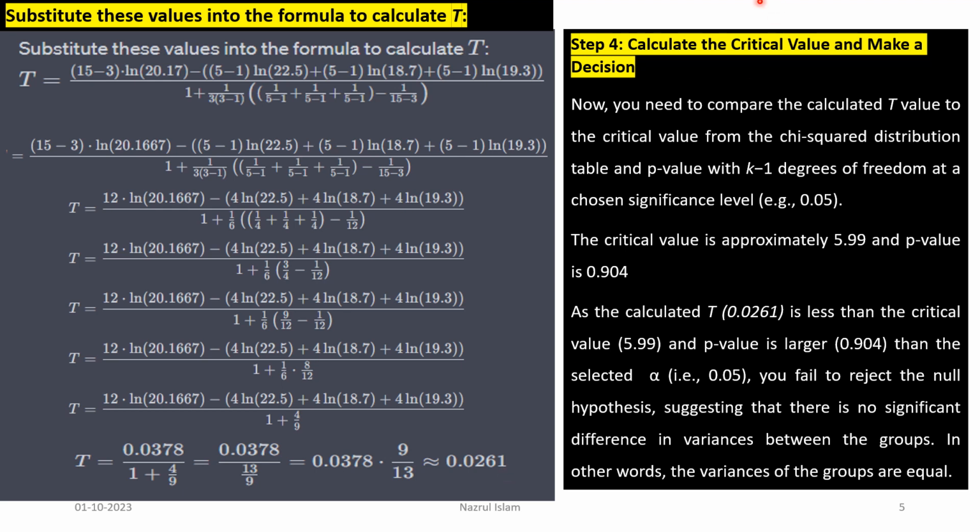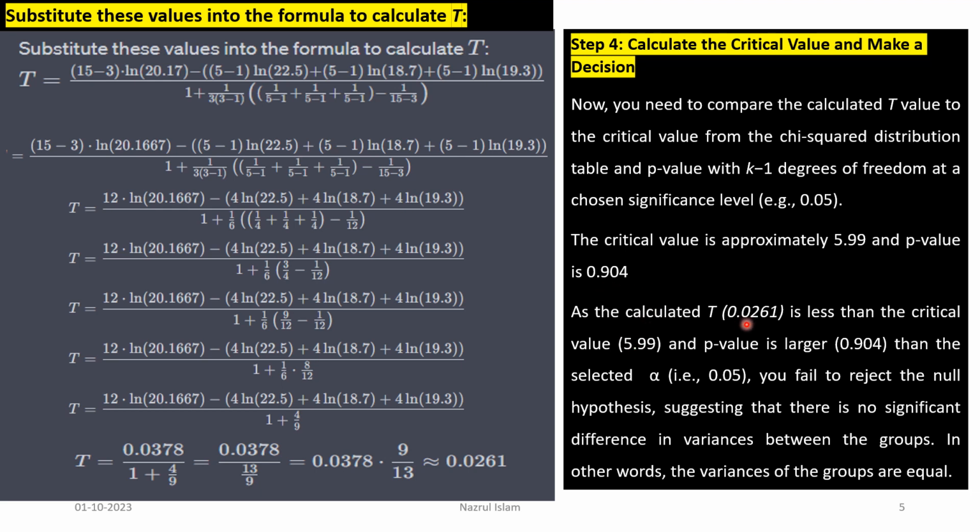approximately. Step 4. Now we need to compare the calculated T-value to the critical value from the chi-square distribution table and p-value with k-1 degrees of freedom at a chosen significance level, that is 0.05. The critical value is approximately 5.99 and p-value is 0.904.